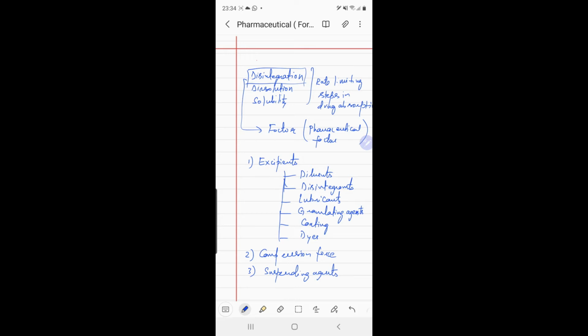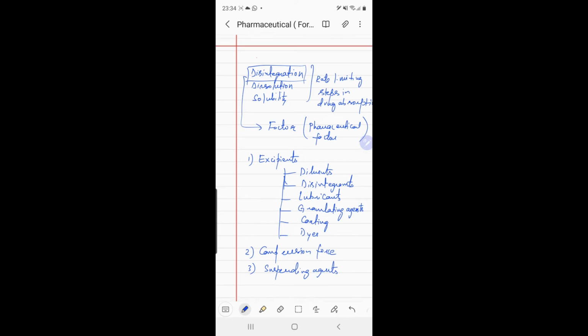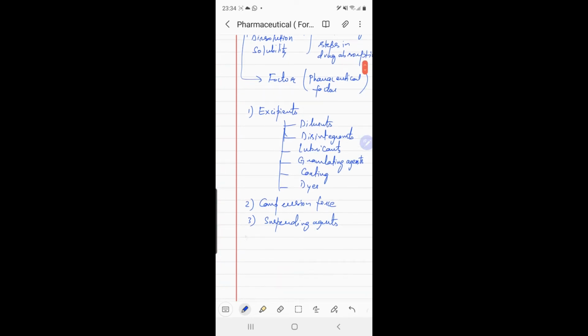Sometimes we also use agents in various formulations which are known as surfactants. Surfactants have variable effects.